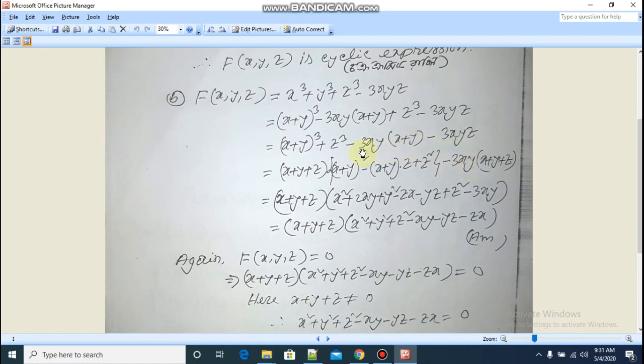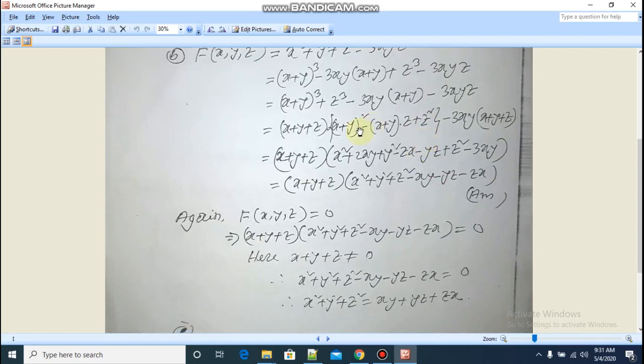Then we get minus 3xy into, from this x plus y, from this z. Minus into minus is plus. Here are two terms. First term is this, second term is this. But x plus y plus z is common. We take x plus y plus z as the common factor.